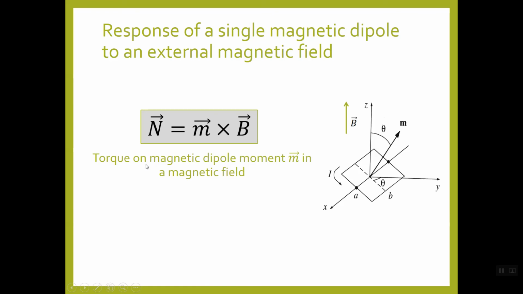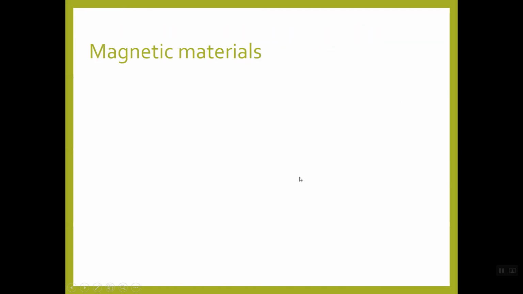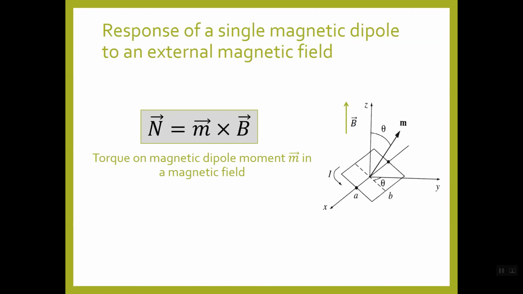So I get the torque on the magnetic dipole moment m in a magnetic field B is equal to m cross B. So this is similar to what we found for an electric dipole moment in an electric field.